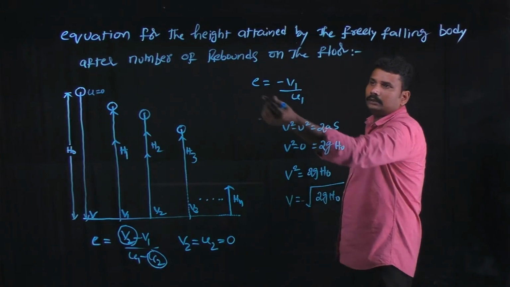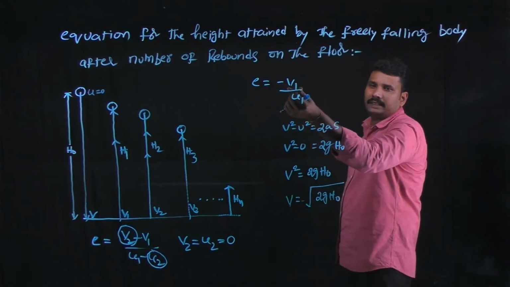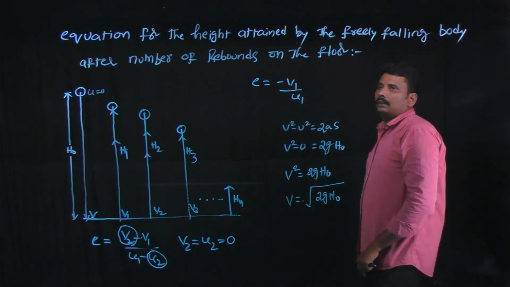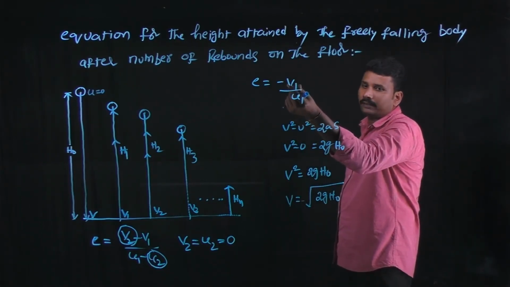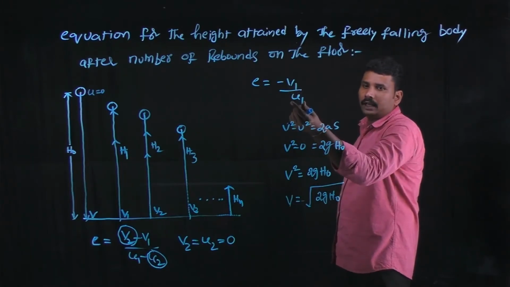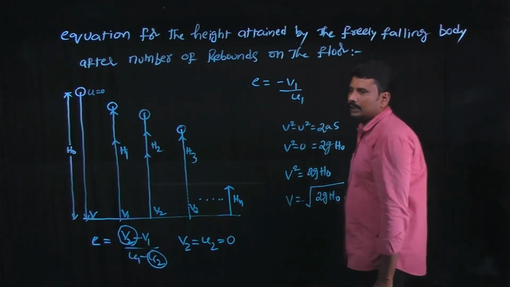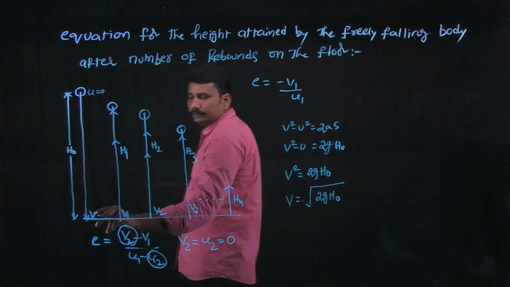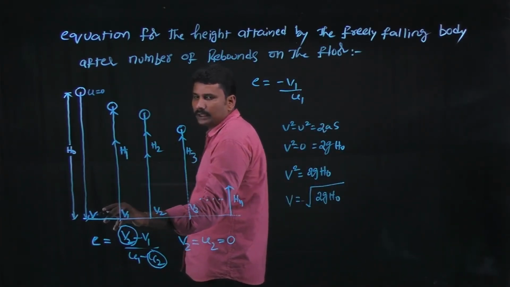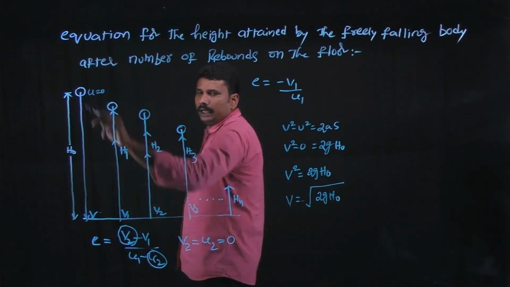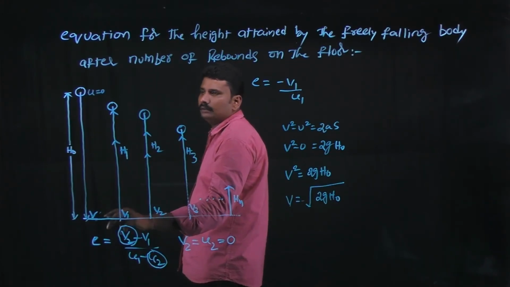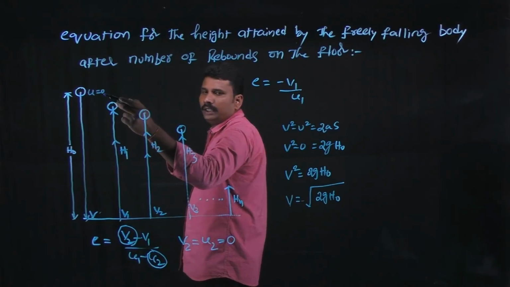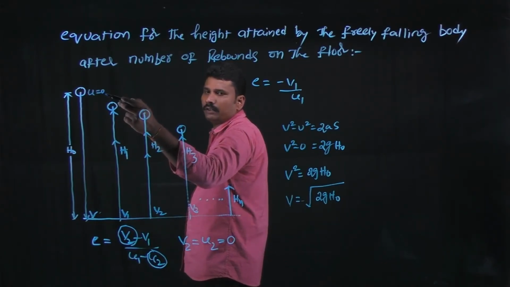In our formula, the coefficient of restitution is minus v1 by u1. Here v1 is the velocity of the small sphere after collision, and u1 is the velocity of the small sphere before collision. Just before collision, it has some velocity v, which is u1. Why? Because we assume the initial velocity u equals 0 for a freely falling body.